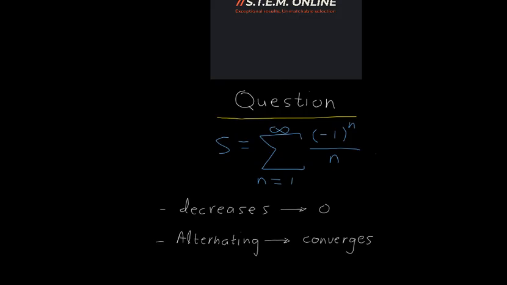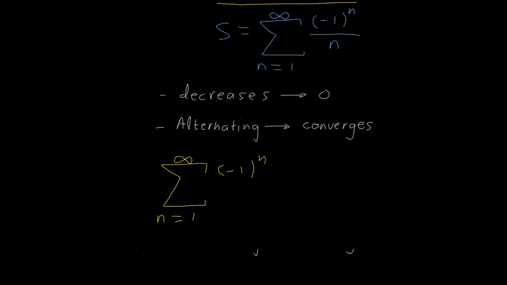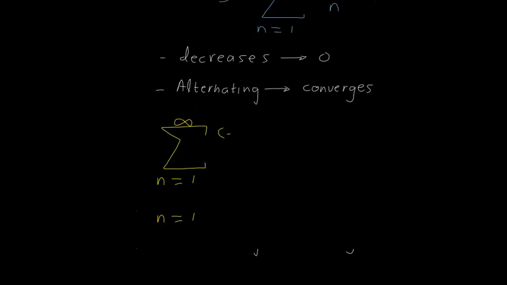So I'm gonna write that here, all right? So let's use yellow. We got our infinite series here. So n equals 1 to infinity of -1 to the n, all over n.